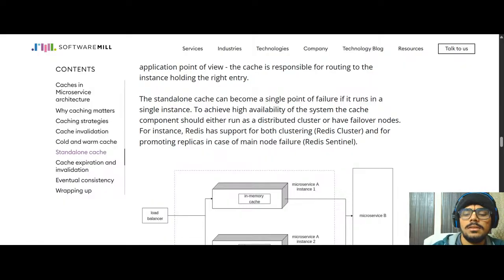Redis has, in cluster, what do we call those solutions? Redis cluster, support for Redis cluster.